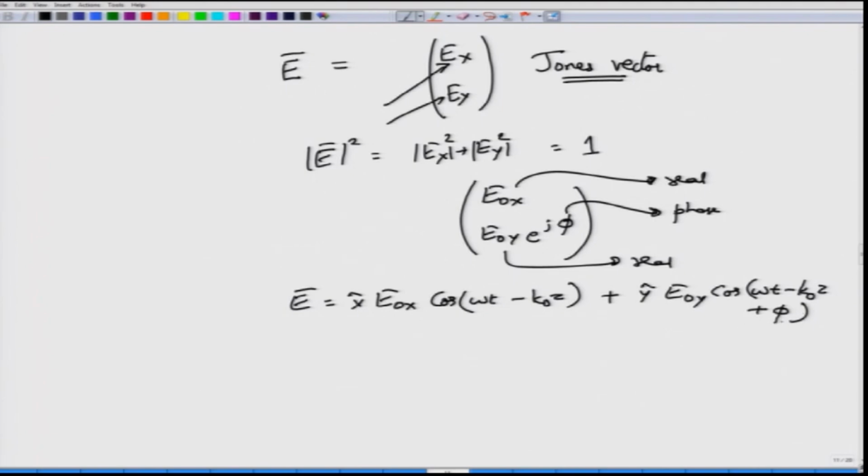When phi is equal to 0, you have a linearly polarized wave, and when phi is equal to plus pi by 2 or minus pi by 2, you will have a right circularly polarized wave or left circularly polarized wave. I am not sure which one is which, it is just simple algebra for you to figure this out. So, I will leave this as an exercise to you.